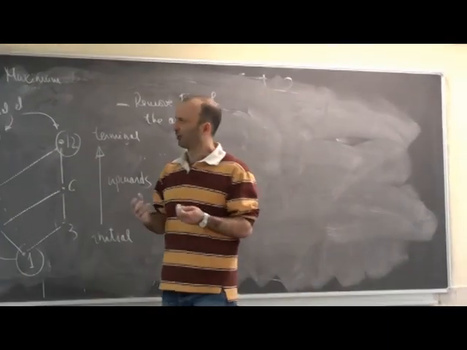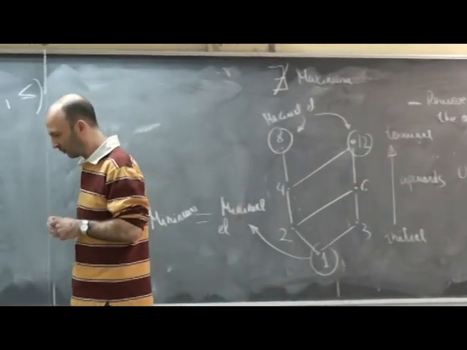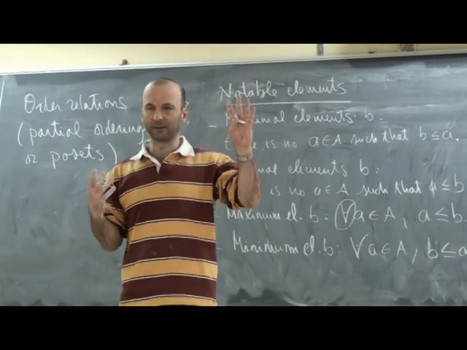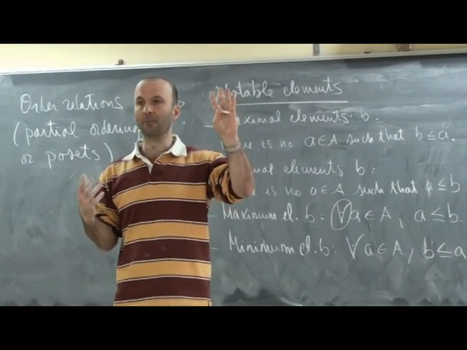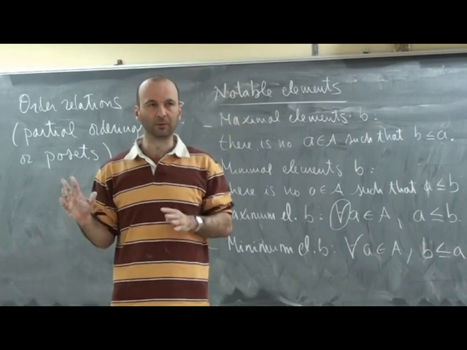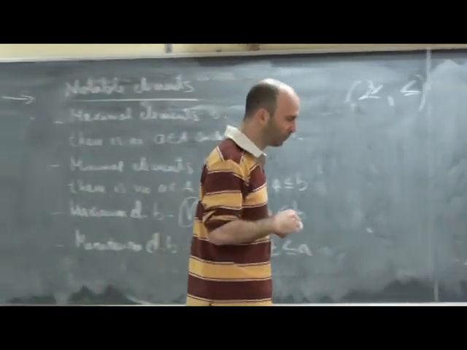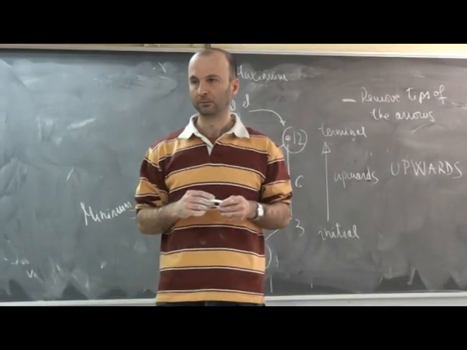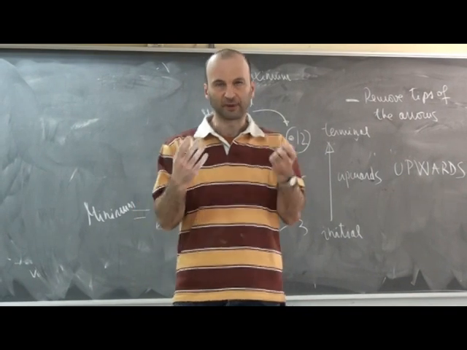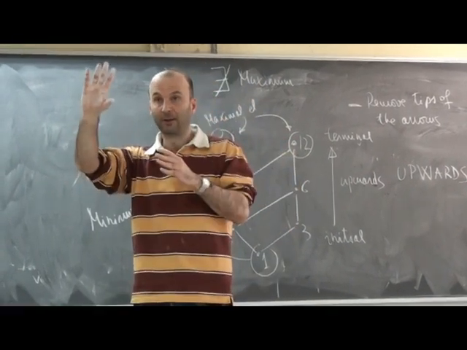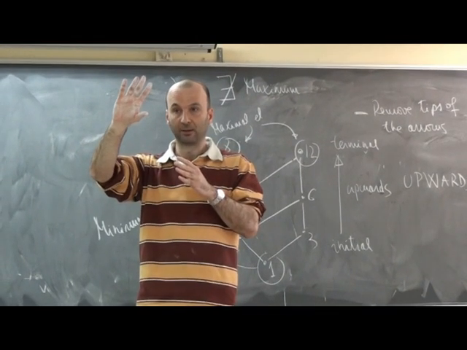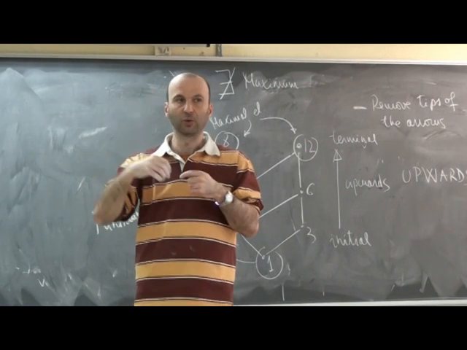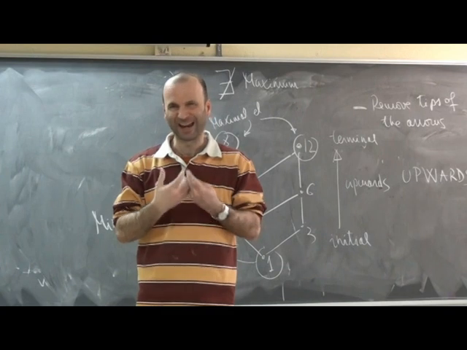That's a nice question. If I say to you, this whole set has both a maximum and a minimum, what will the shape of its Hasse diagram be? Again, here you have a poset with maximum and minimum elements, what would the shape of the Hasse diagram be?